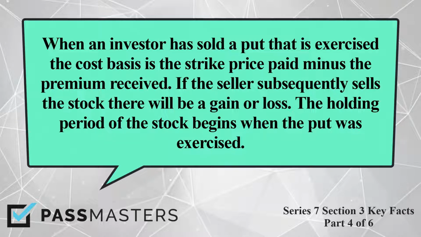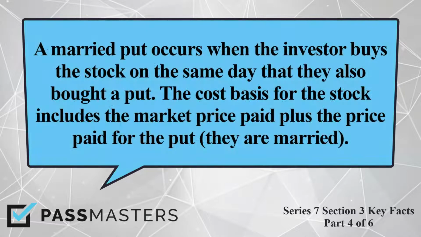The holding period of the stock begins when the put was exercised. A married put occurs when the investor buys the stock on the same day that they also bought a put. The cost basis for the stock includes the market price paid plus the price paid for the put. They are married.